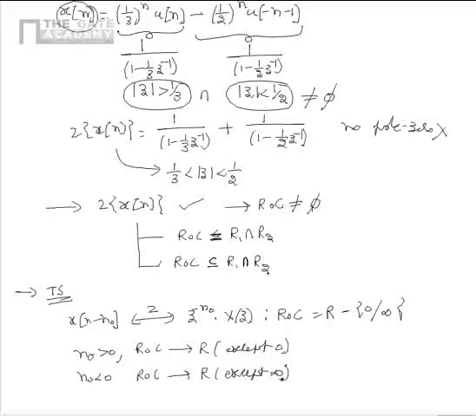So from this we see that x of n minus n naught will have a Z transform of z power minus n naught X of z, and depending on the sign of n naught, the ROC may exclude either 0 or infinity.